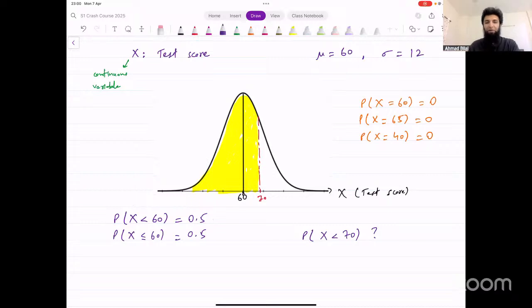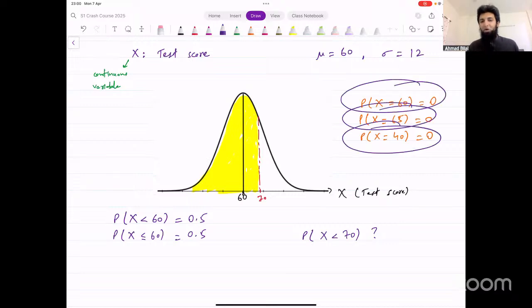However, if you have to find any other area apart from the left side or the right side of the mean, how do you do that? For that, you have to use the normal distribution table. Okay, and that's what we discussed. Remember, in normal distribution, we never talk about probabilities of a value being equal to something, because the area under a point is always 0.